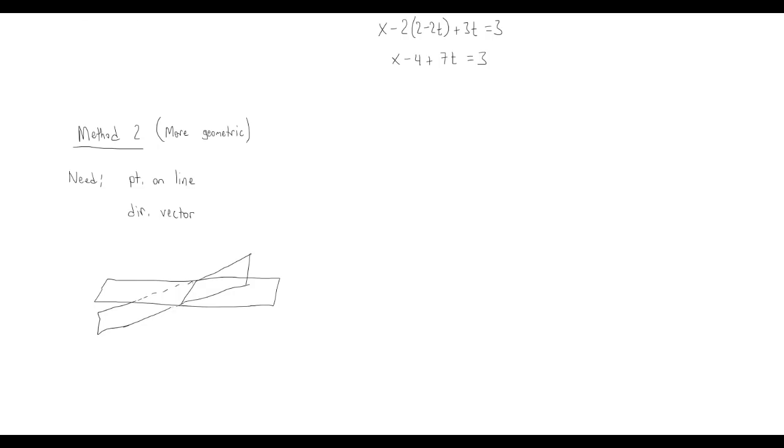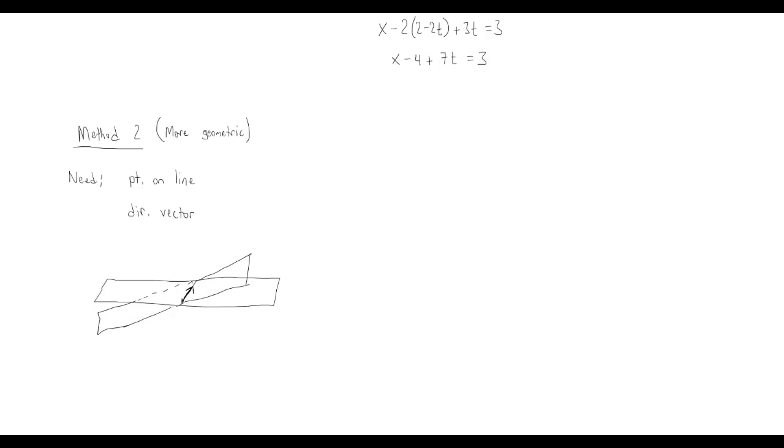So let's think about getting the direction vector in particular at the moment. Okay, so we want a vector pointing along the same direction as the line of intersection.